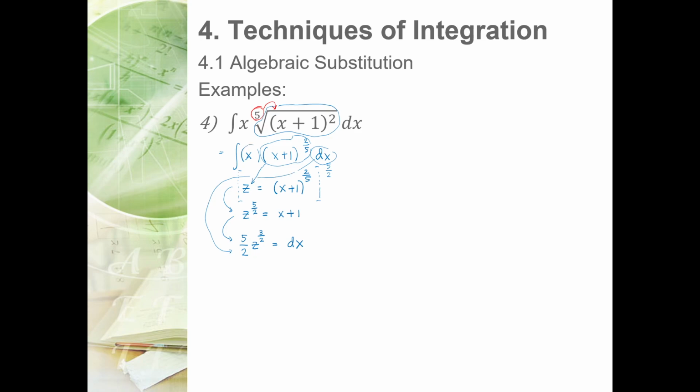So how about x? Again, we need to borrow the x variable elsewhere in the given expression. From this point here, you can replace or isolate x. So this becomes x equals z to the power of 5 halves minus 1. So this becomes your x variable. Just look for the terms in the process so you don't get confused.